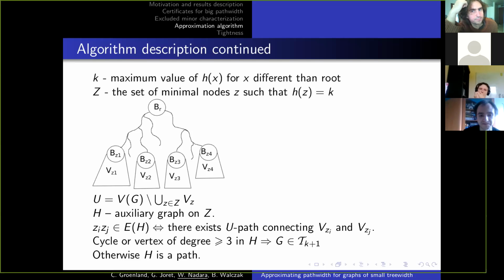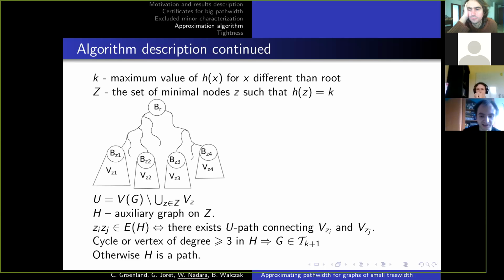And similarly as in the base step of our induction, if this auxiliary graph on big subgraphs has a cycle or a vertex of degree at least 3, then we are able to find a good witness.